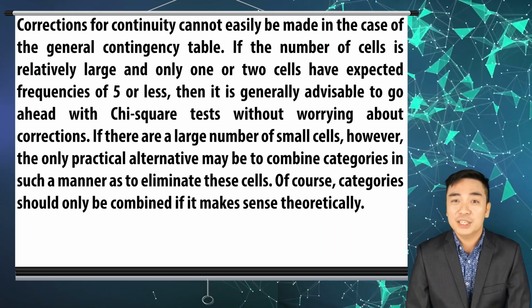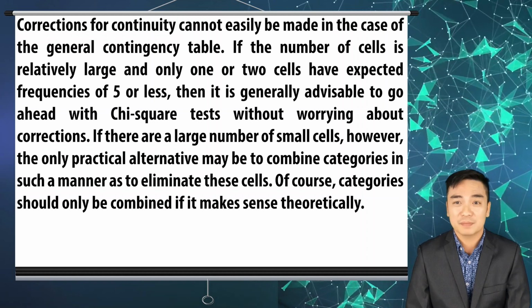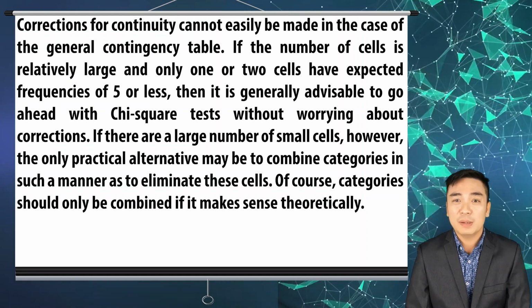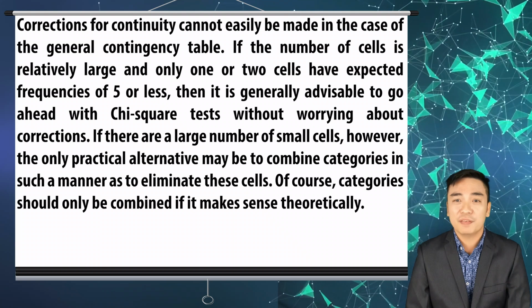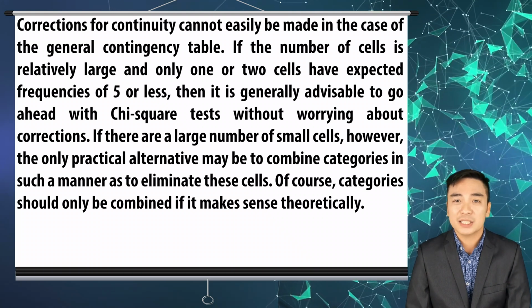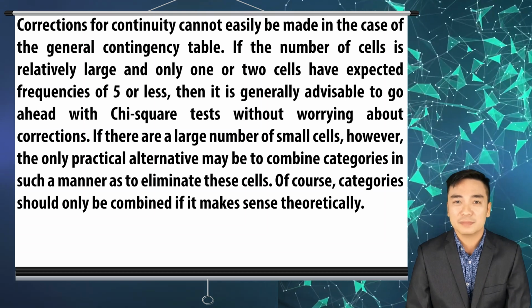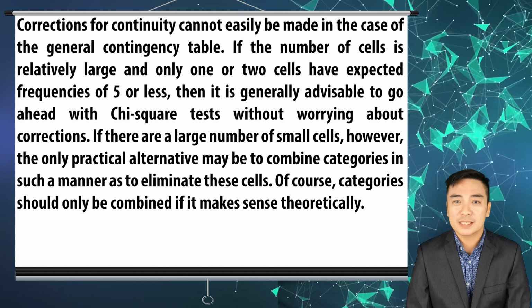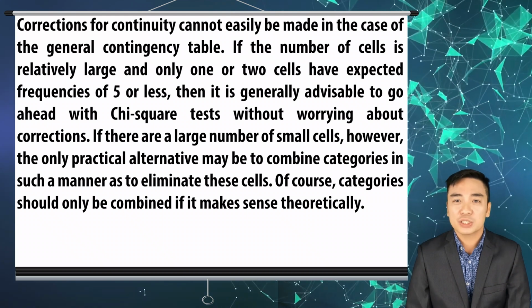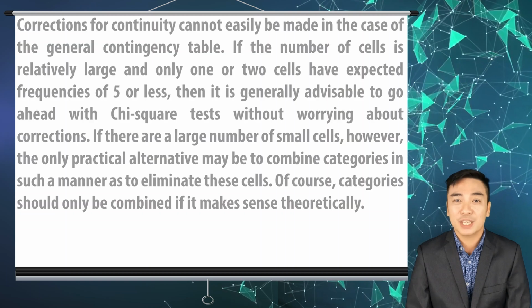If there are a larger number of small cells, however, the only practical alternative may be to combine categories in such a manner as to eliminate these cells. Of course, categories should only be combined if it makes sense theoretically.